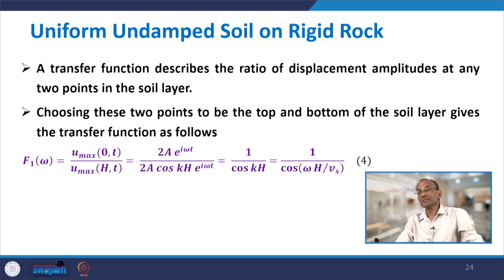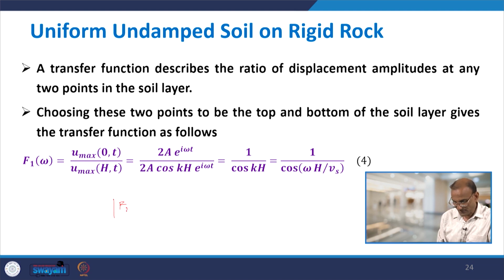As a result, you get the transfer function equal to 1 over cos kh, and k is nothing but omega h over Vs. So, I can write f1(ω), and its absolute value will be simply 1 over cos(ωh/Vs), absolute value of this.